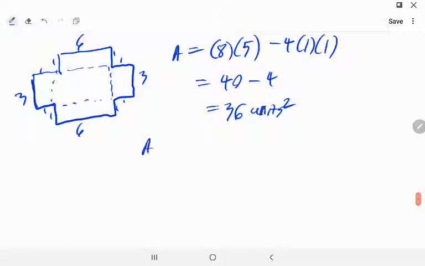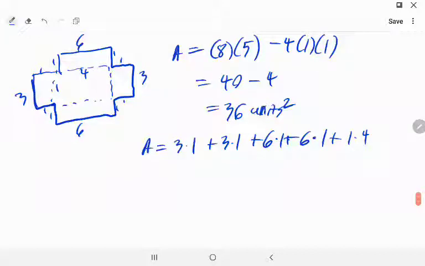We have a 3 by 1 rectangle, another 3 by 1 rectangle, a 6 by 1 rectangle, another 6 by 1 rectangle, and then that interior rectangle is going to be a nice, neat 6 by 3.